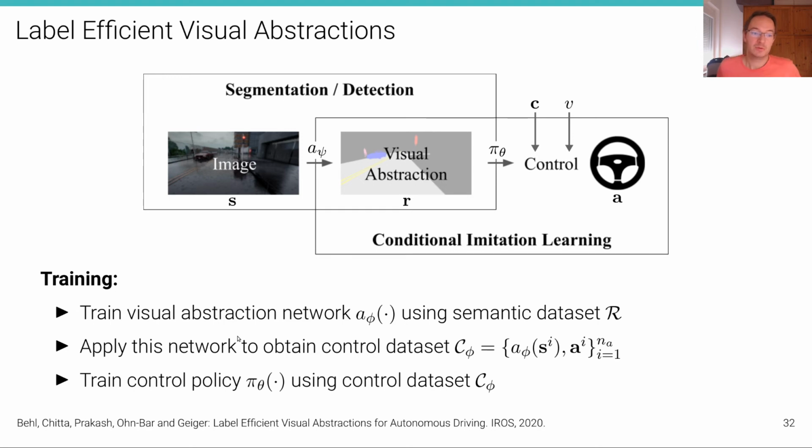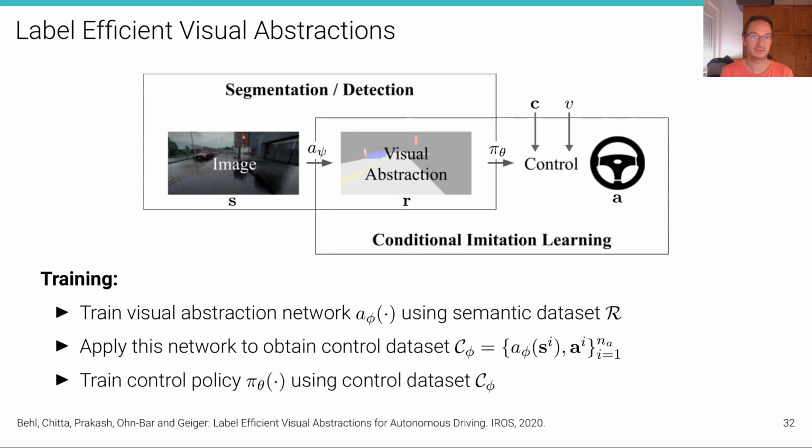Training then works as follows. We train the visual abstraction network A using the semantic data set R, the small semantically annotated data set R. And then we apply this network to obtain the control data set. We can apply this network to all the inputs that we have seen while driving around. And we combine this with all the measurements that have been taken by the vehicle.